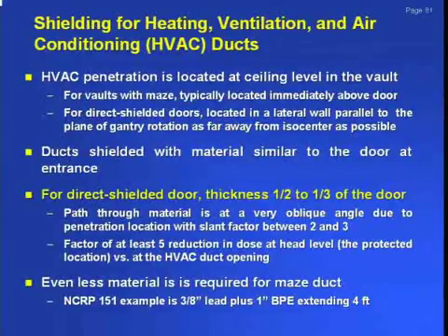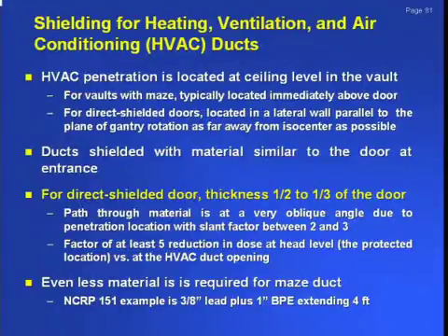The other area you have to make sure you cover is your heating and ventilation, your HVAC penetrations, your air conditioning ducts. To make a short summary, you can go through all kinds of calculations. The short, sweet version is put 1/3 to 1/2 of what is in your direct shielded door over your HVAC penetrations, and it works just fine.